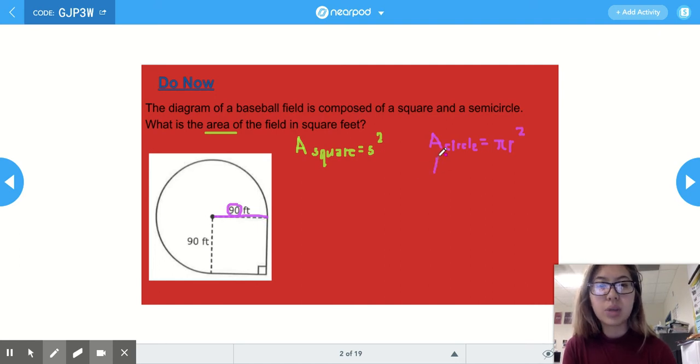So starting with the circle, I'm going to plug in the radius as 90. I'm going to use 3.14 as pi. So I have 3.14 times 90 squared. According to order of operations, I have to do the exponent first. So 90 squared is 8,100.